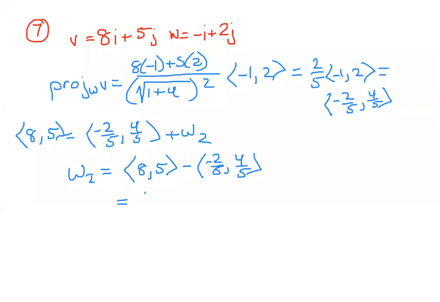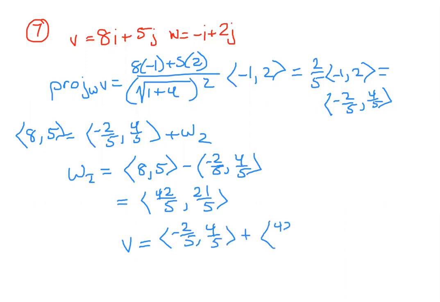And that is 42/5, 21/5. Look at what fun numbers these are. So our V can be written as -2/5, 4/5 plus 42/5, 21/5. And that's what we did there. We rewrote V as the sum of two orthogonal vectors.